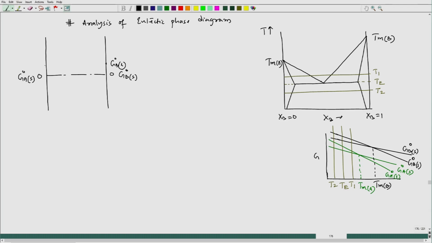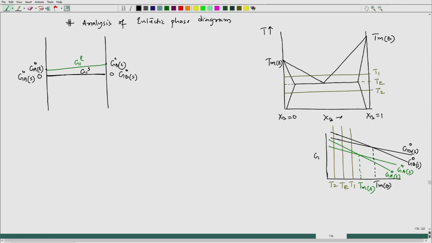And in this case it is here. Okay. And this is G1 of liquid, this is G1 of solid, this line.